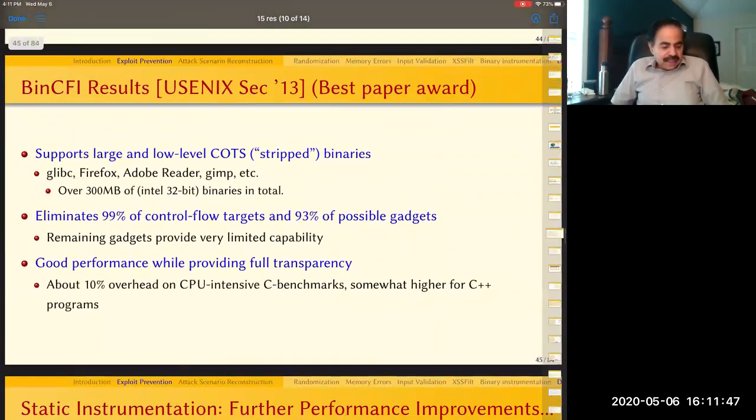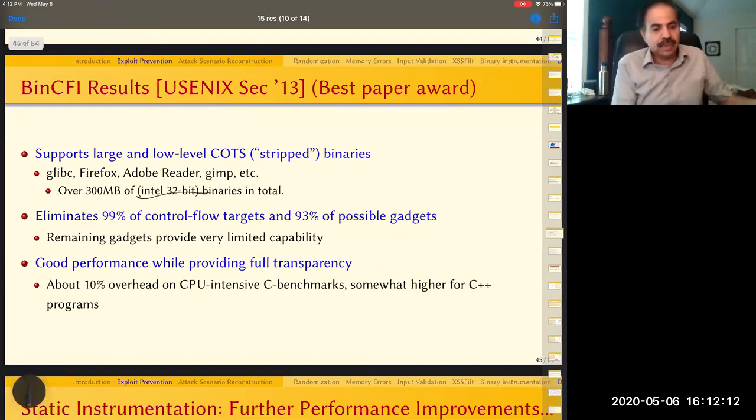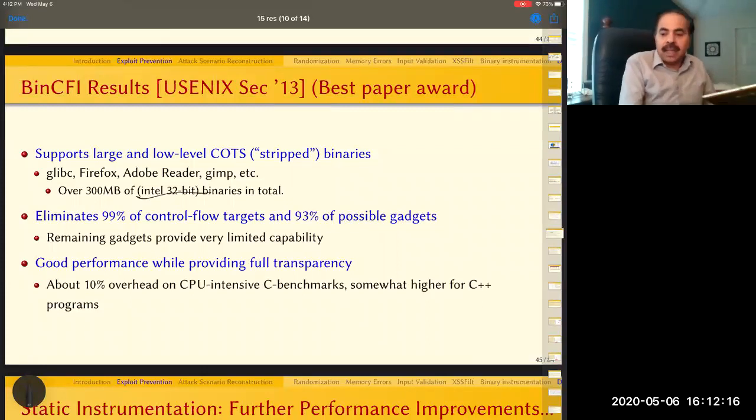So you can find this paper on my lab's website. It's, I guess, 7 years now, so it's been some time. Because we did it some time ago, the work was done on 32-bit binaries, right? Which was the prevailing platform at that point.